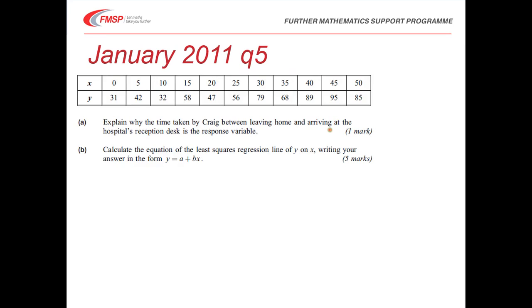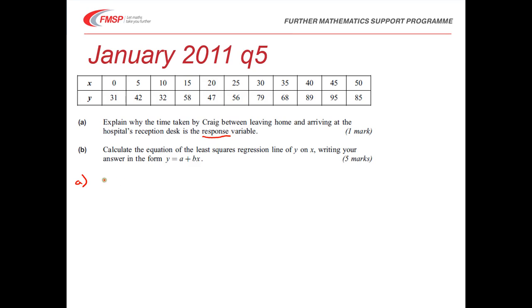Explain why the time is the response variable. The response variable is what you would end up plotting on your y-axis. To answer that, we need to state that it's your dependent variable. But you can't just write it's your dependent variable.